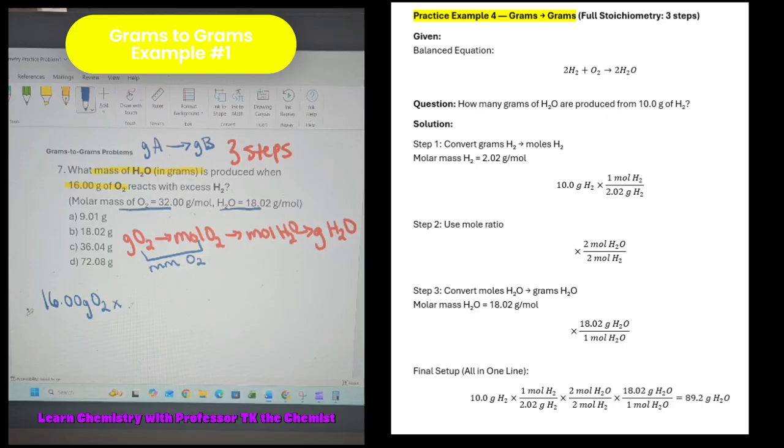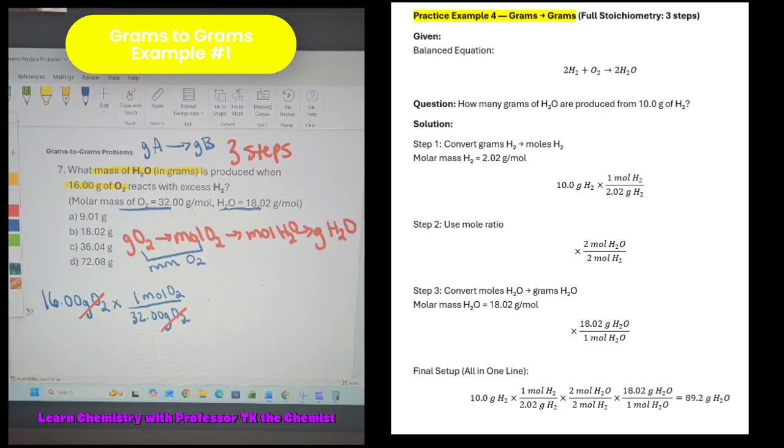Right here on the bottom, 32.00 grams of oxygen. On the top, 1 mole of oxygen. I'm going to cancel my grams of oxygen because we're done with that step.